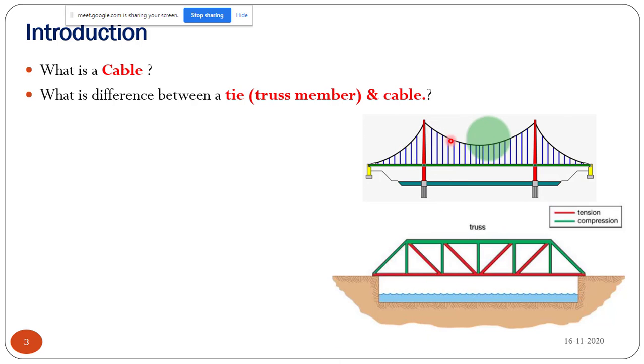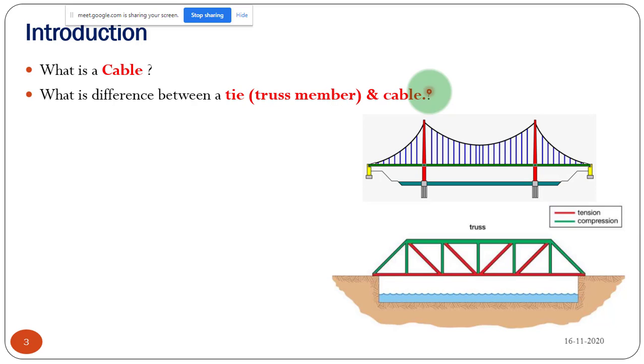You can say this is a cable and it is a truss member. If it is a truss configuration, these bottom chord members will be under tension and these green members will be in compression. So what is the difference between a tie and a cable?